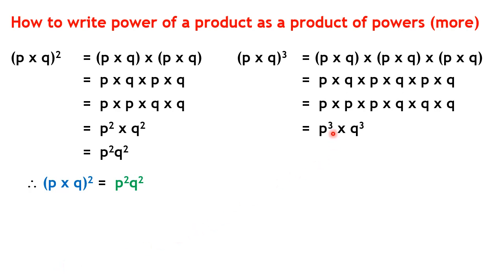And finally, P cubed into Q cubed. So as the additional step for unknown bases, P cubed into Q cubed can be expressed as P cubed Q cubed without the into sign. Therefore, finally, a power of a product is expressed as a product of powers.